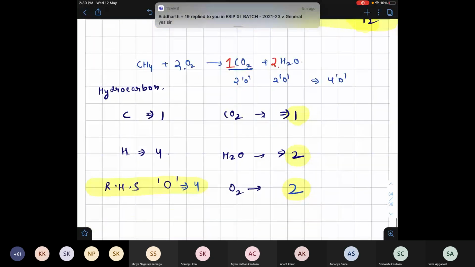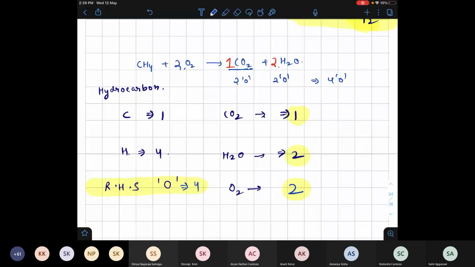So can you explain again? Number of carbon atoms in hydrocarbon was 1. Yes or no? So number of CO2 will also be 1. Number of hydrogen in hydrocarbon is 4. So number of water will be 2. Now if this is 1, it will have 2 oxygen. Yes or no?